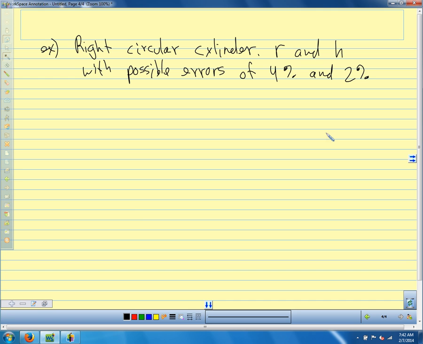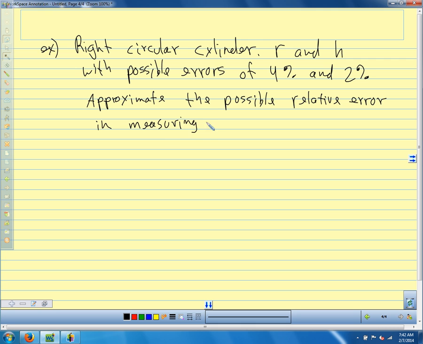We want to approximate the possible relative error in measuring the volume. So we're talking about the relative error.